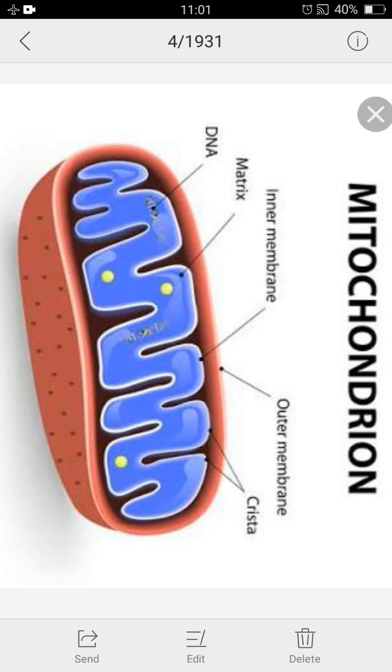When the surface area is increasing, then obviously the mitochondrion appears somewhat big. When the cristae do not have a number of infoldings, the surface area decreases and it appears small. Understood? The shape is the same, but the size can vary. At the same time, I would like to bring to your notice one more important point.